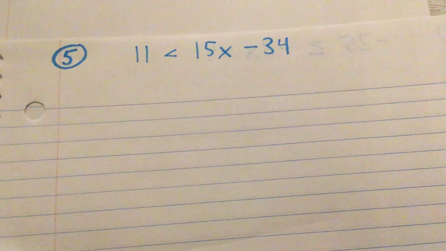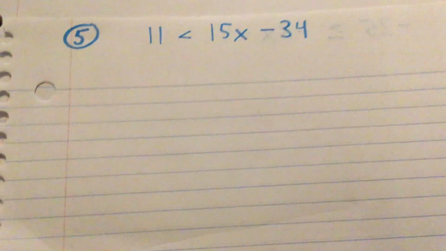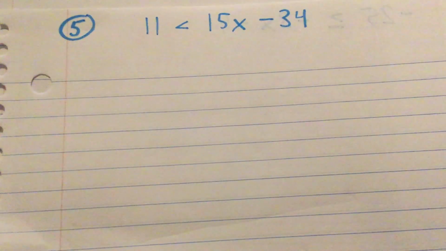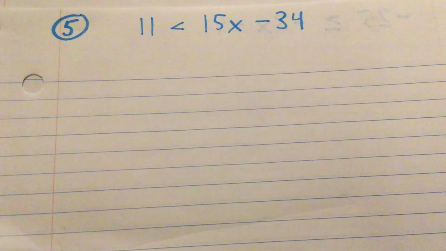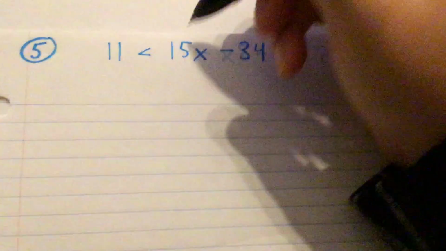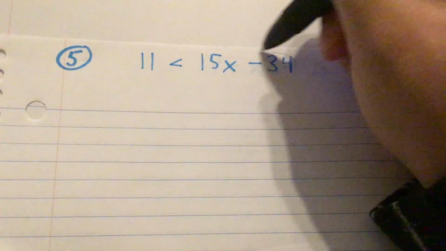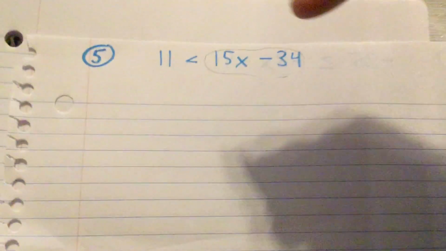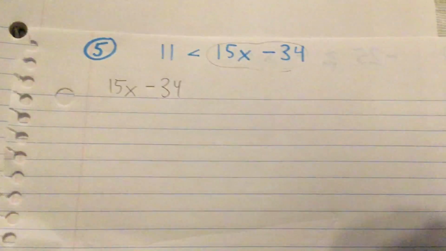Oh, man. So in this case, the x is on the right side. But are we afraid of this? No. So I'm just going to take a look at the right side and say, hey, I like you better on the left side. So I'm going to rewrite the problem with 15x minus 34 being on the left side.